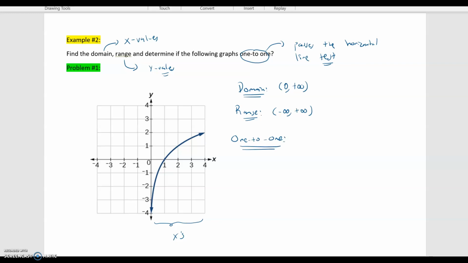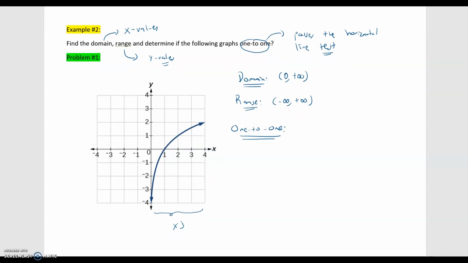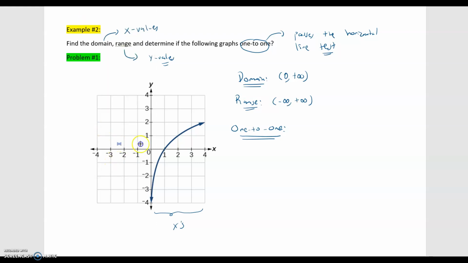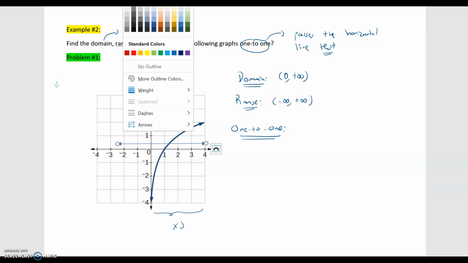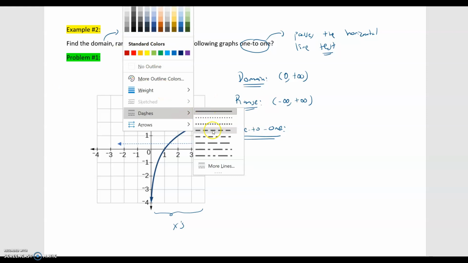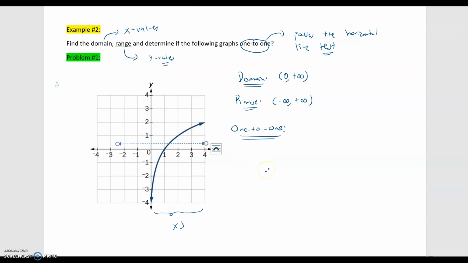Now for the one-to-one idea, we typically just insert a horizontal line. And let me try to insert the tools here. And we just show that, well, the horizontal line has to be dotted since technically it is not part of the graph, or is not a solid line.